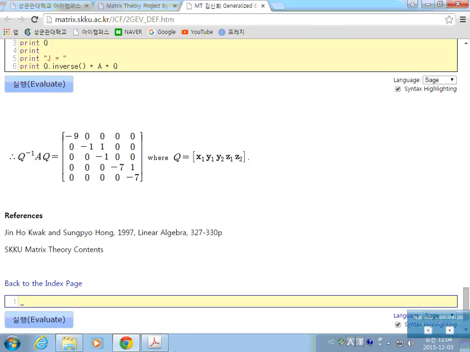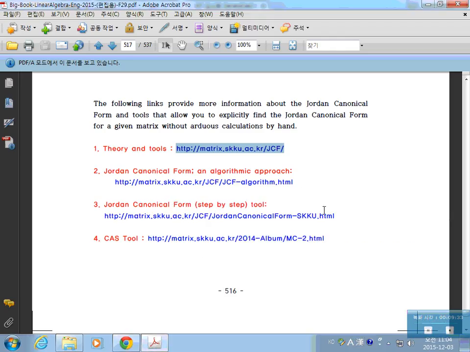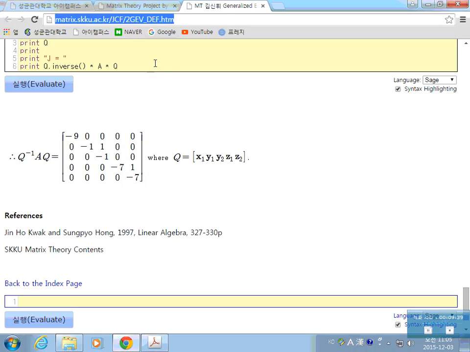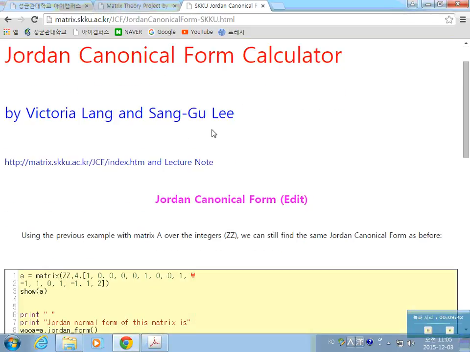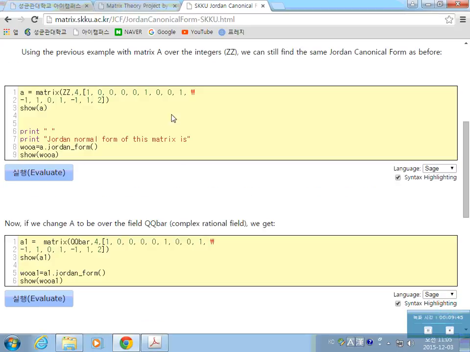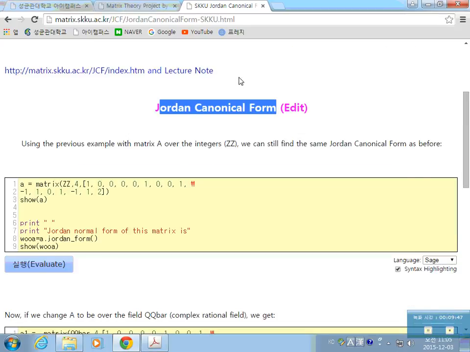Next, I made the English version of this with my master's student, Victoria. As you see here, this is the English version.